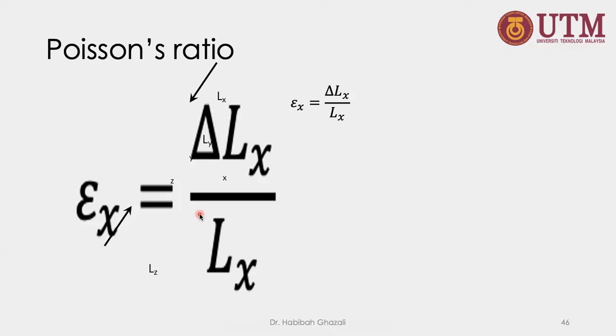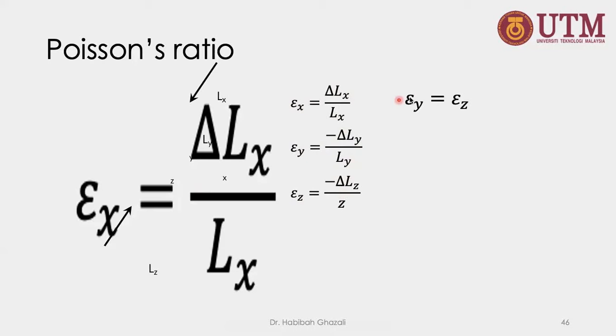So the strain in the X direction, which is the direction of the load, is measured by the increase of the length divided by the original length in the X direction. And the Y strain is negative because it is reduced: the reduction divided by the original length in the Y direction, and Z can be calculated like this.